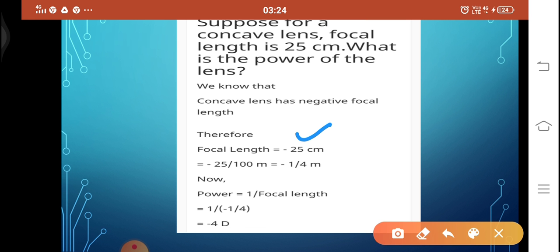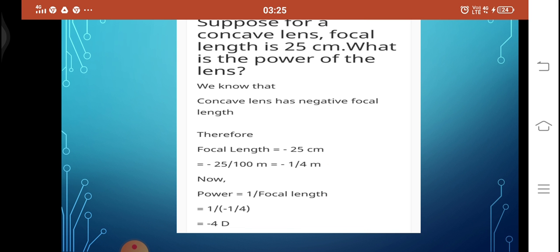That will be minus 25 by 100, so it becomes minus 1 by 4 meter. Power equal to 1 by focal length. So 1 divided by minus 1 by 4, it will become minus 4D. The unit of power is diopter. So minus 4D.